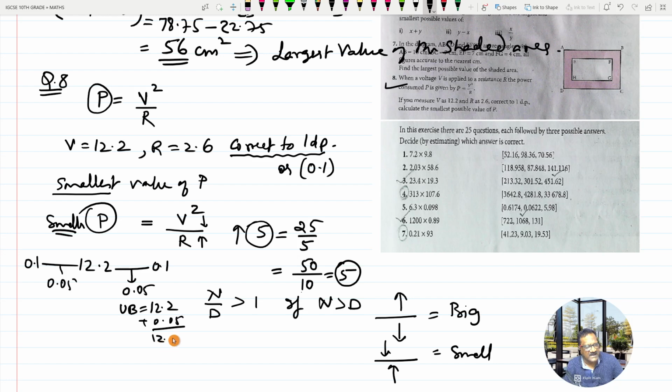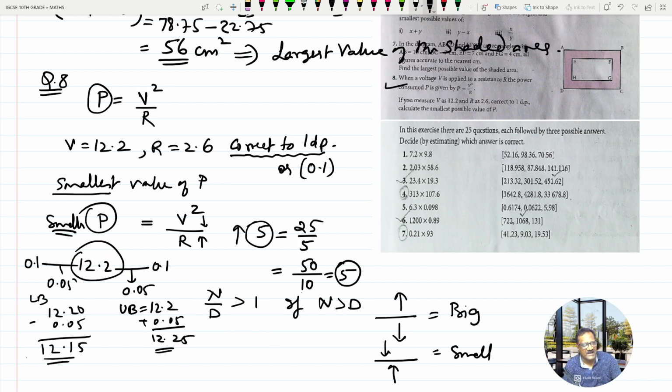That makes it 12.25. So this is the upper bound. Similarly, my lower bound will be 12.2 minus 0.05. That will make it, 10 minus 5 is 5, 1, so 12.15. So this is my lower bound, and this is my upper bound.